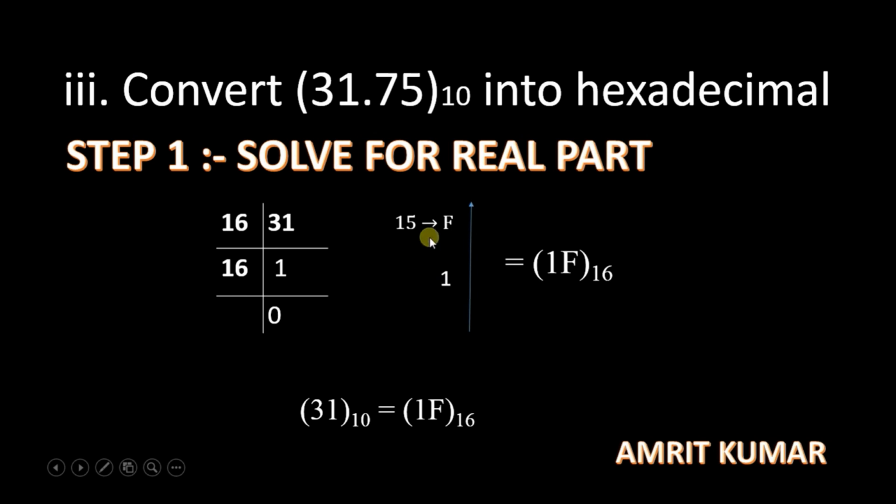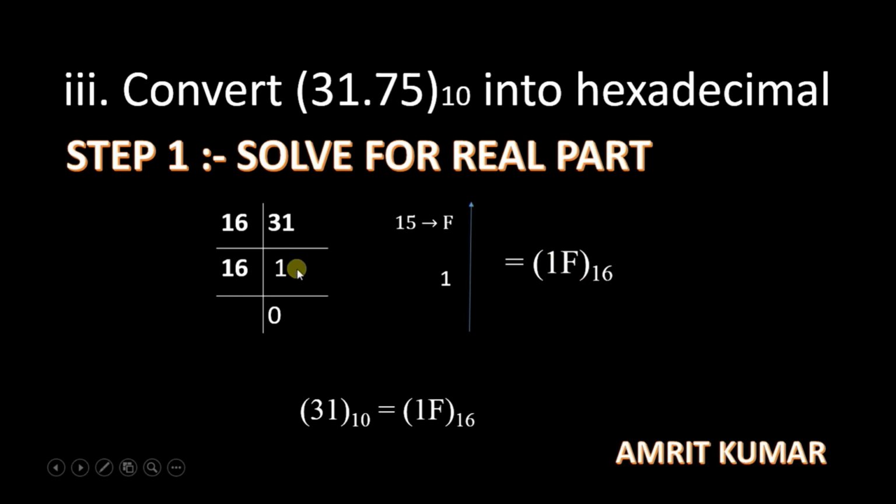Then after that I will write F. Otherwise, that is going to give the wrong output. Therefore, the bottom to top approach is needed for the conversion of a decimal number into a hexadecimal number. Therefore, I will write 1 first, then capital F.